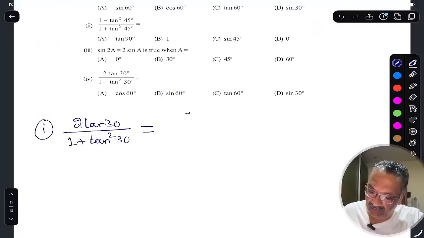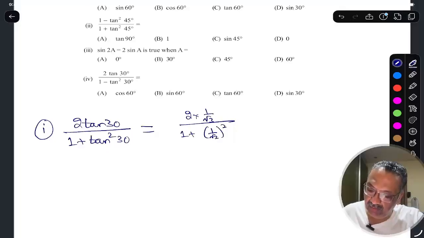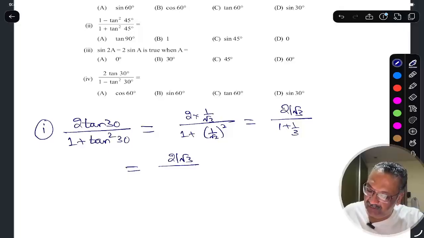So we have got 2 into 1 by root 3 divided by 1 plus 1 by root 3 whole square, which is equal to 2 by root 3 divided by 1 plus 1 by 3, which equals 2 by root 3 divided by 3 plus 1, 4 by 3.